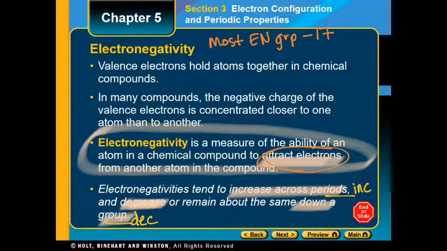And your most electronegative element, and this will come up multiple times this year, is fluorine, and it has a value of 4. So the electronegativity value for fluorine is 4.0, and if you were to look at values for all of the elements, they're going to be between 0 and 4.